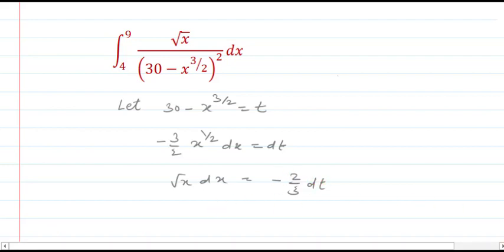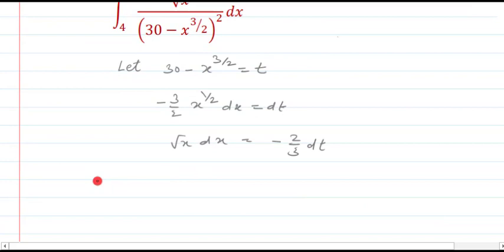Now from here we are having two parts. The first method is just to find out the integration without using the limits. So without using limits, we are having root x dx as dt into minus 2 upon 3. Being constant, let us take it outside, and in the denominator we are left with t square.